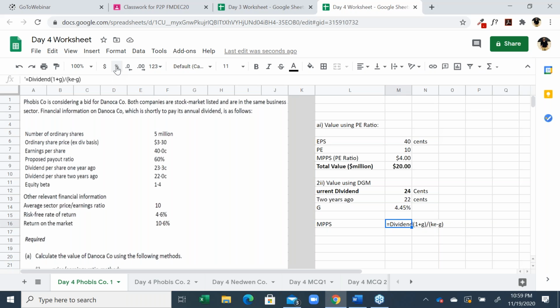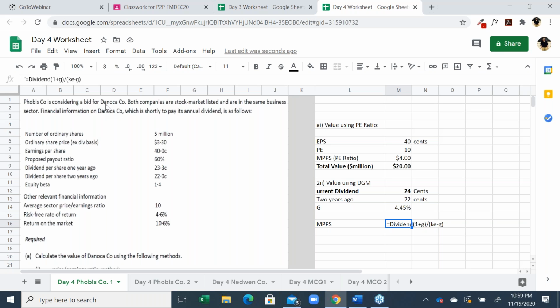When you are valuing a company, you will usually have two companies. One is the company that is acquiring another company, and the other is the target company. We have a Forbes company here, and we also have a Denoka company. Which of the companies is the target company? Denoka company, right?